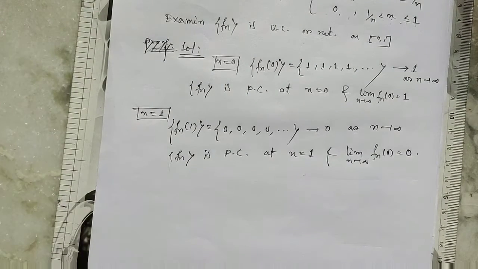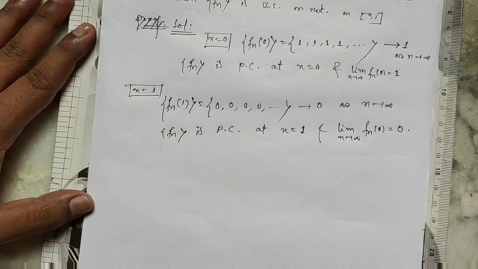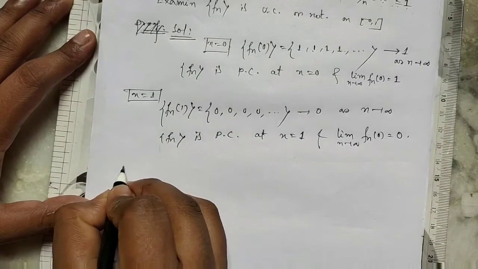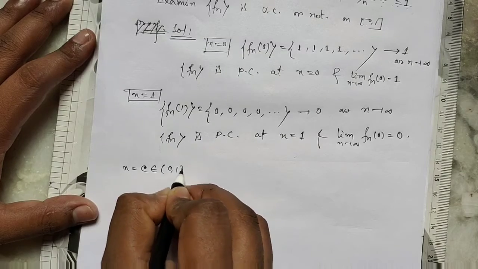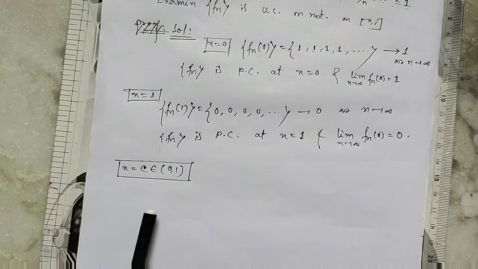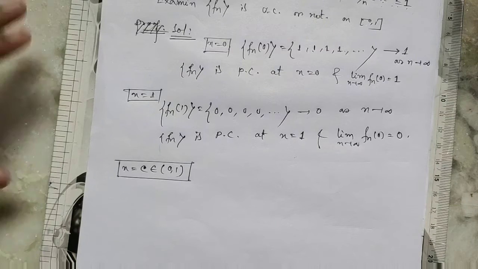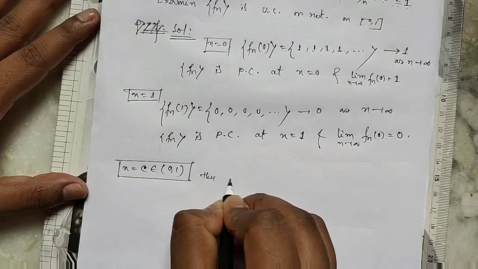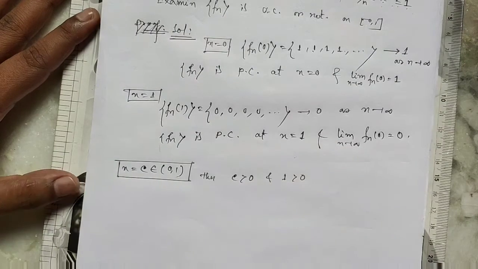Now we check x belongs to (0,1). Let x equal to c be any point belonging to the open interval (0,1). Then c is greater than 0 and also 1 is greater than 0.